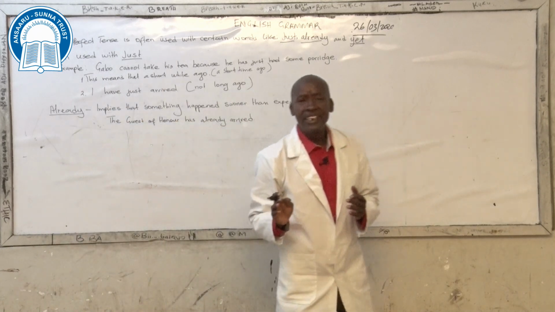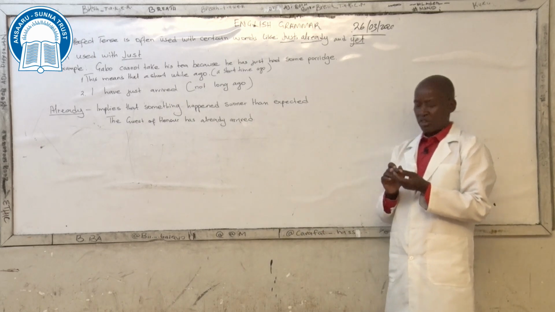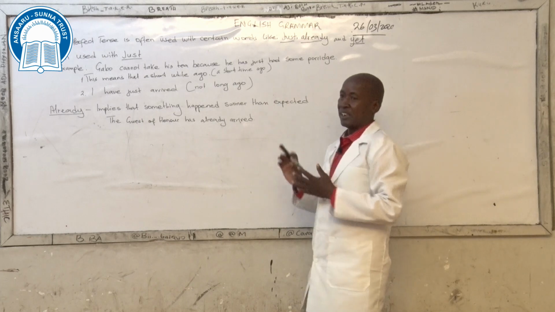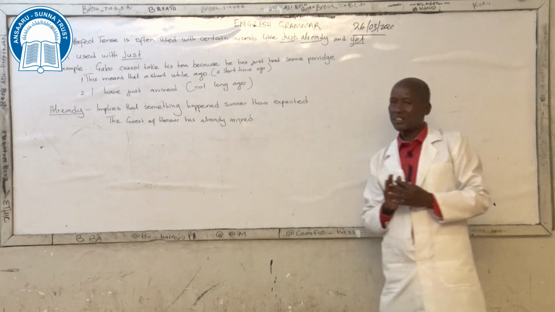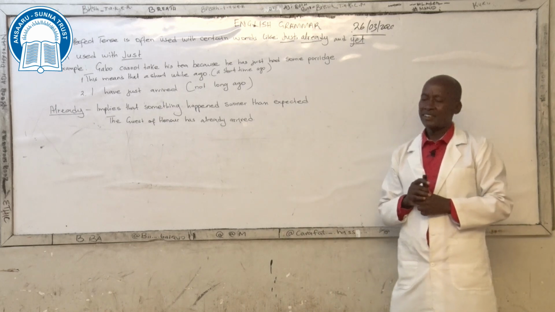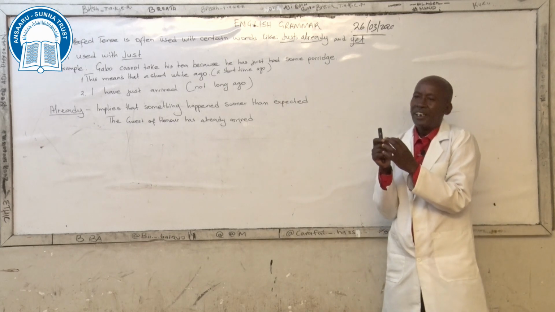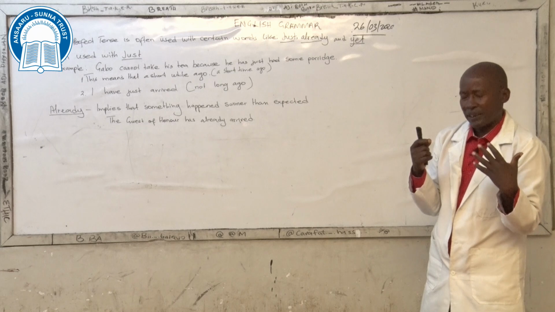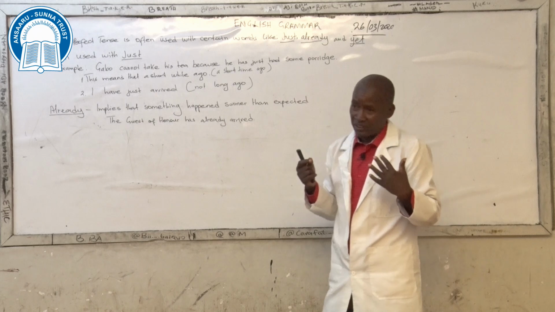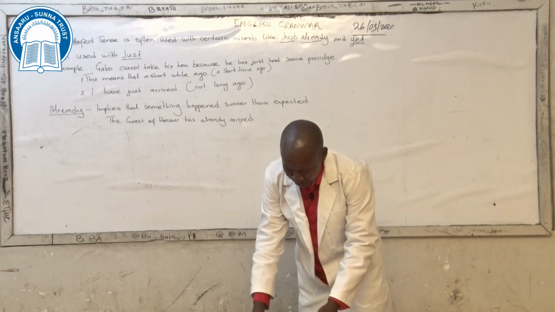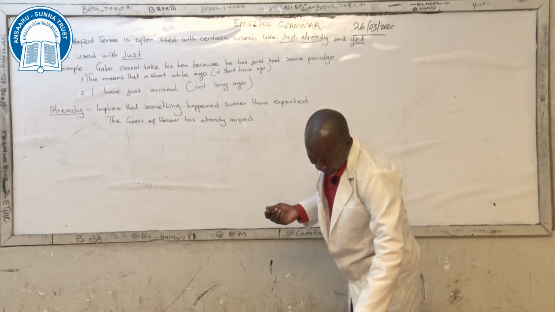You find this one gets people at times with surprise. Yes, we were expecting the guest of honor to arrive, but this guy has come earlier than expected, or sooner than expected. So when we use already, something happens at a time when we didn't expect. It's so soon. Yes, we expected it, but the happening is so soon. Another example.